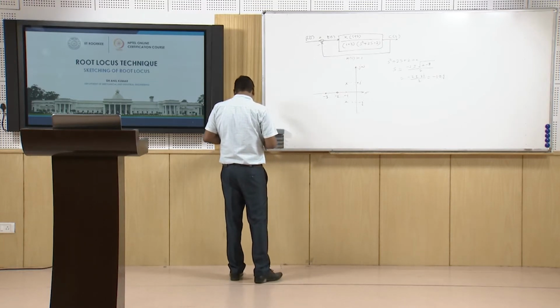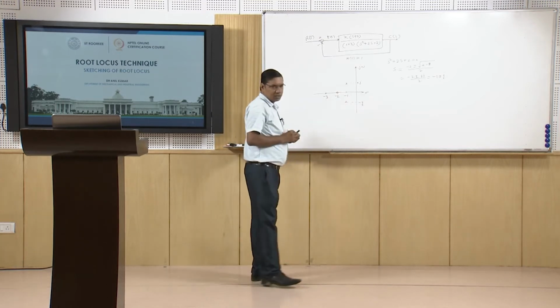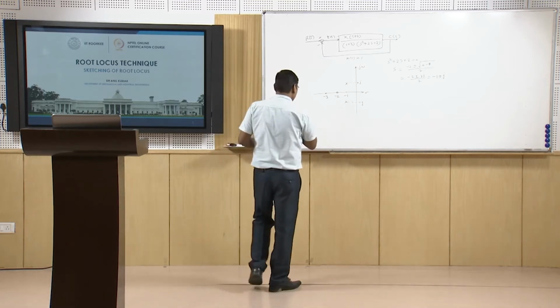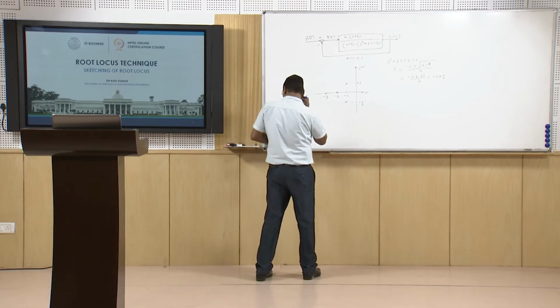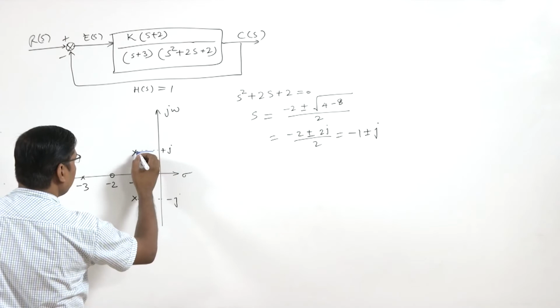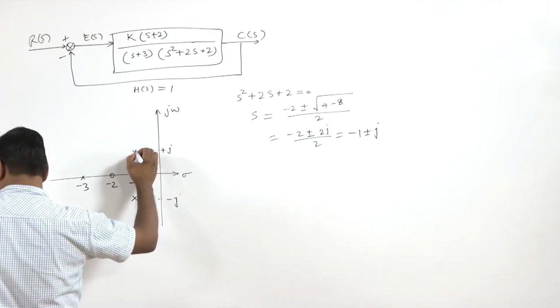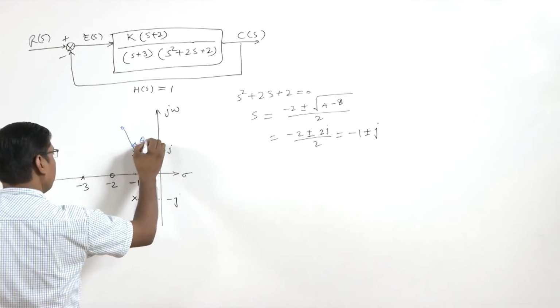Now we have to obtain the angle of departure, because these poles are complex. So let's assume that this angle of departure is theta 1.